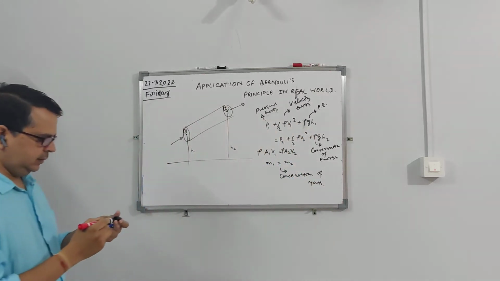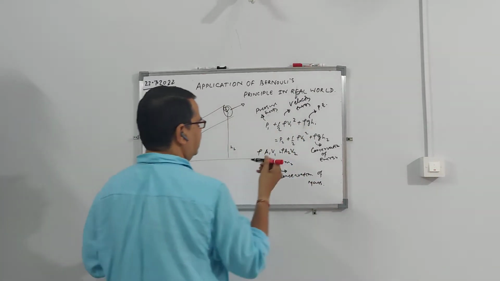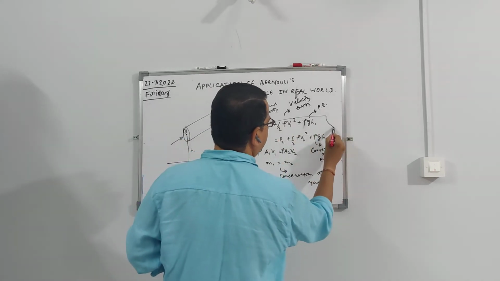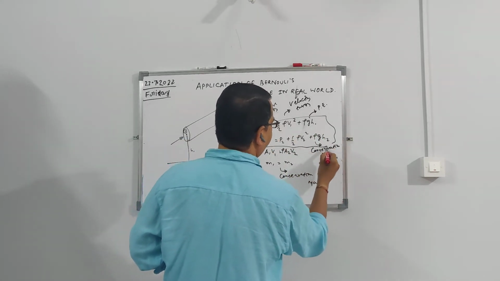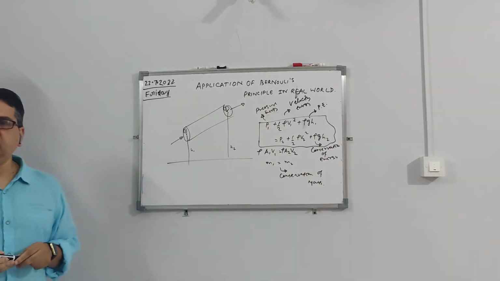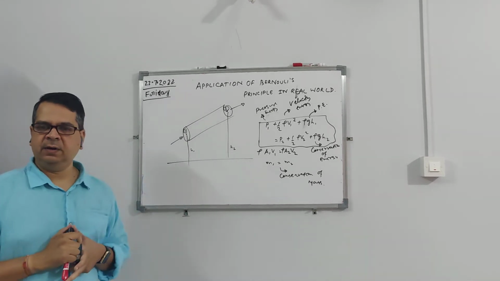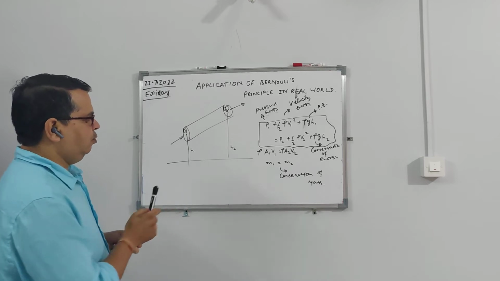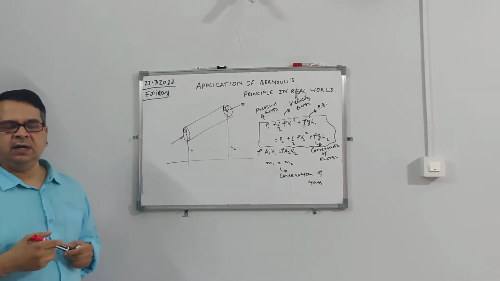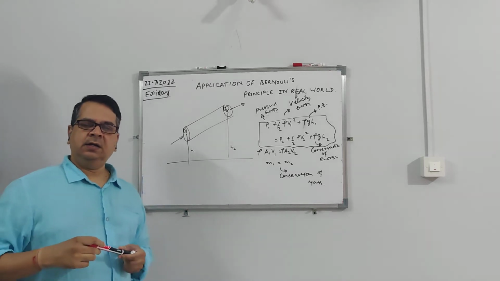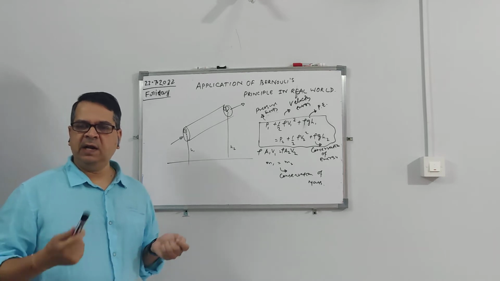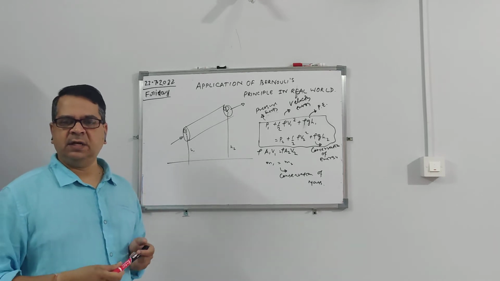With the help of this equation you can justify many real world events that are happening. One such thing is in aerospace engineering: with the help of Bernoulli's equation many things can be solved.